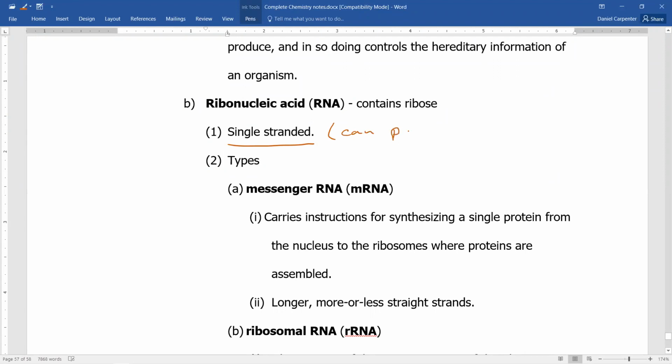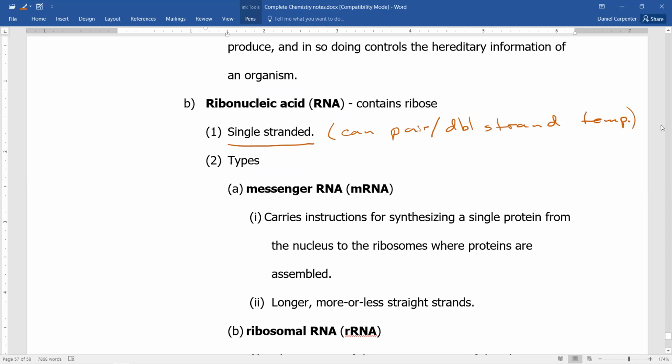It can pair, by pair we mean double strand, temporarily. And part of how it works is by pairing at the right time, but not all the time.